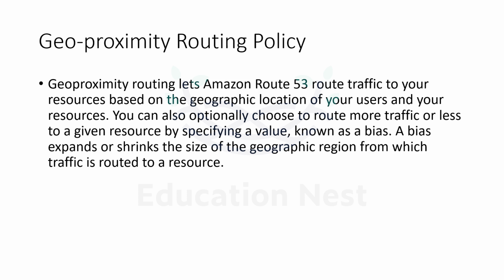Basically, this will be routing the traffic to their nearest point. Okay, you can optionally choose to route more or less traffic to a given resource by specifying the value called as bias. So a bias expands or shrinks the size of geographical region from which the traffic is routed to a resource.